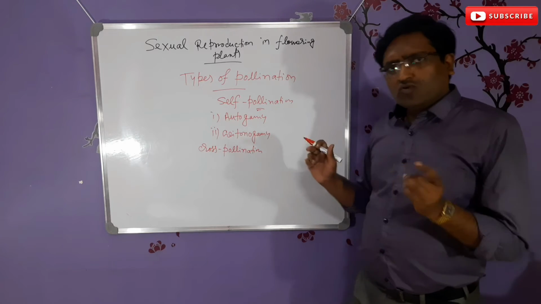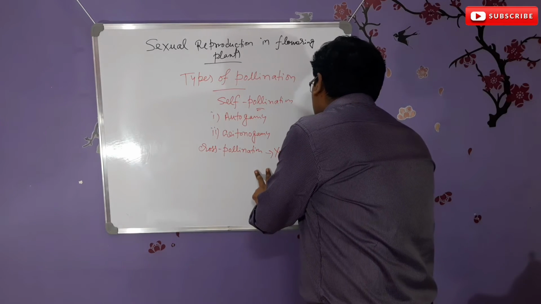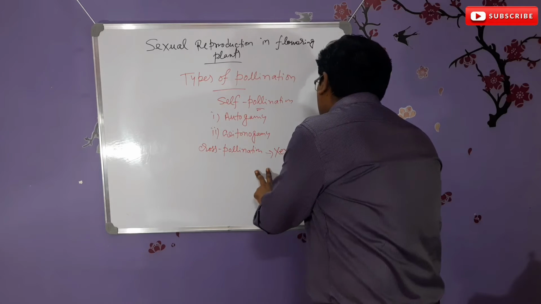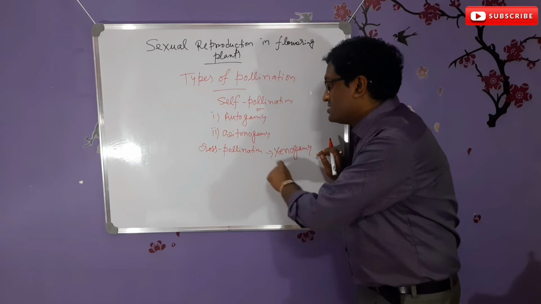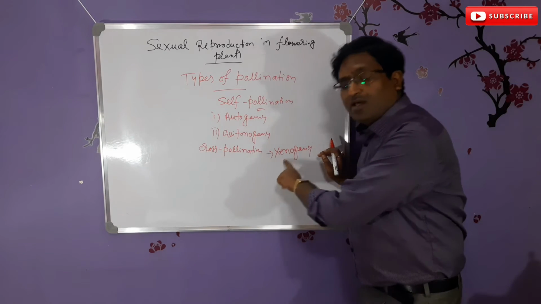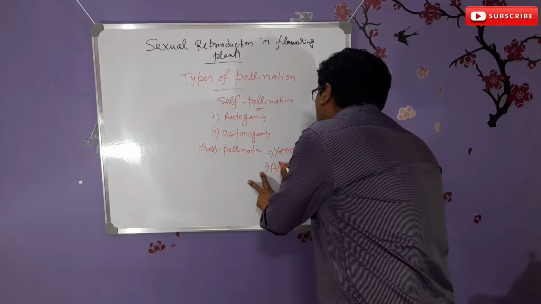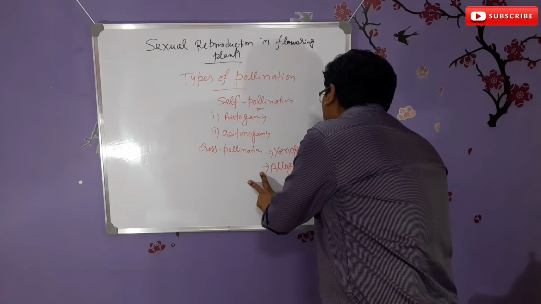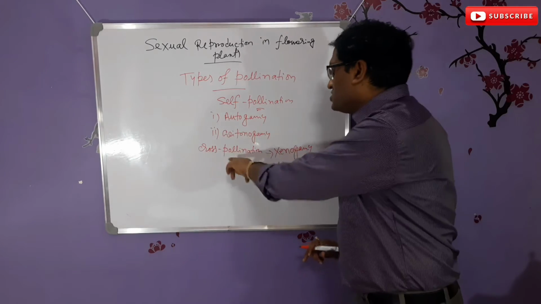It is also known as xenogamy. So another name which might come in ISC for cross-pollination is xenogamy, and another name is allogamy. So there are two names for cross-pollination.